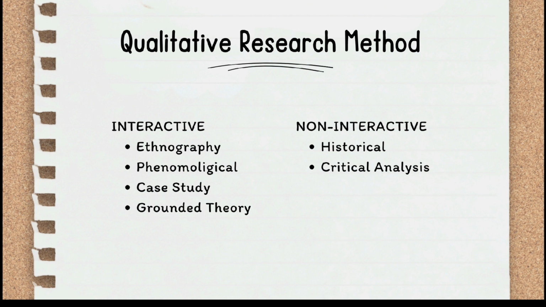They rely on primary sources like documents, artifacts, and records to reconstruct and analyze historical events and contexts. The focus is on understanding the past based on existing evidence rather than on interacting with individuals.